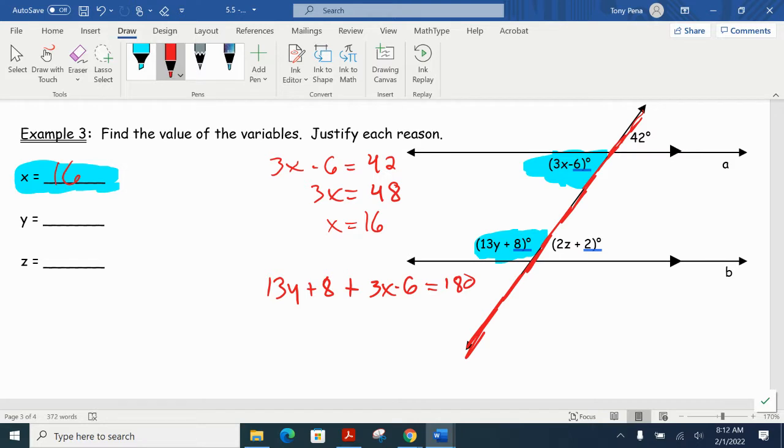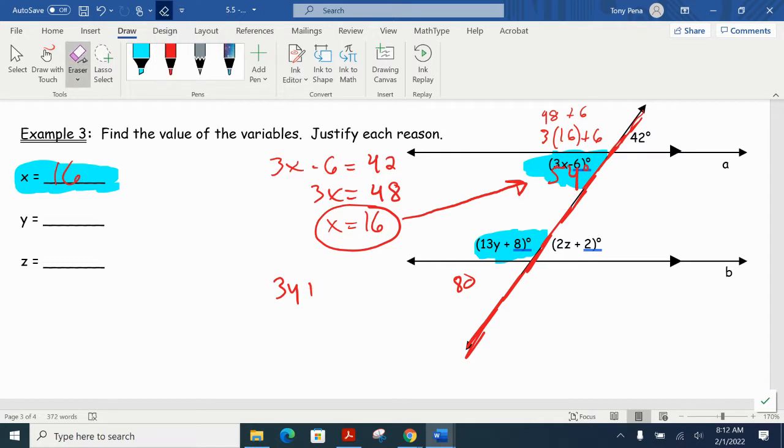Because once I know that x was 16, I'm going to plug it in for x right here. So I'm going to do 3 times 16 and then plus 6. That's going to be 48 plus 6. So we now find that this angle right here must be a 54 degree angle.